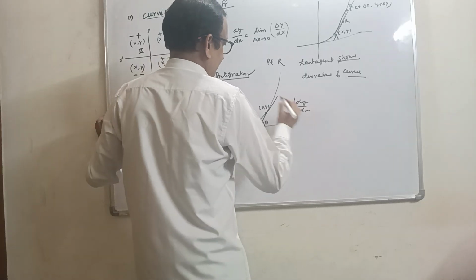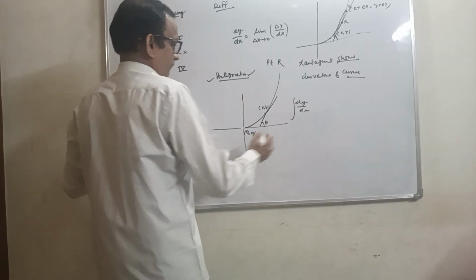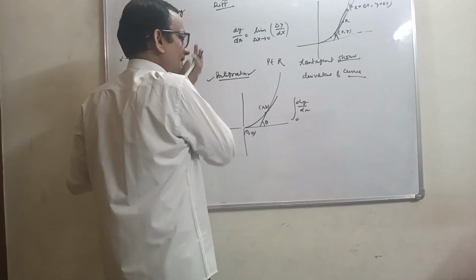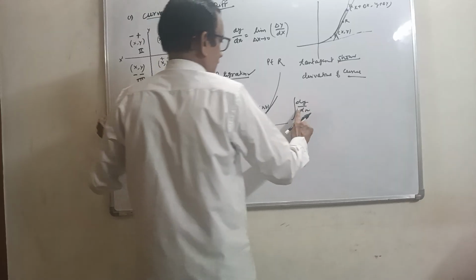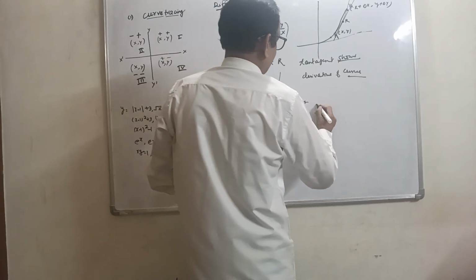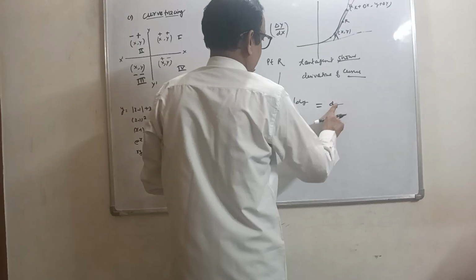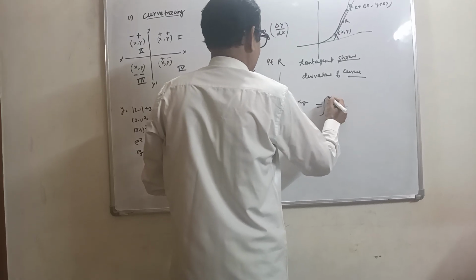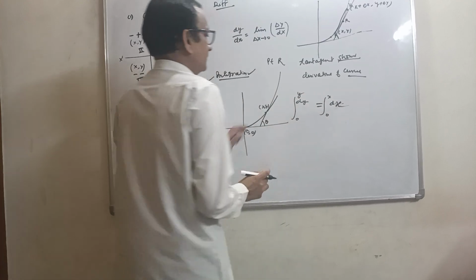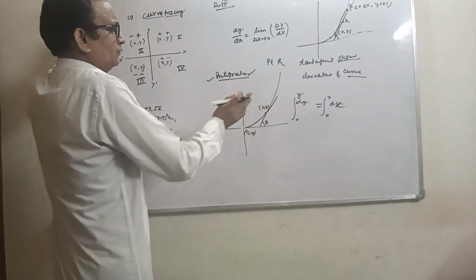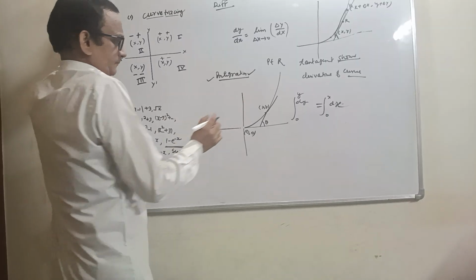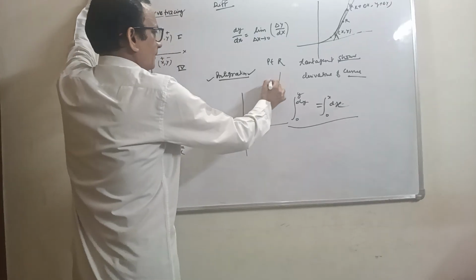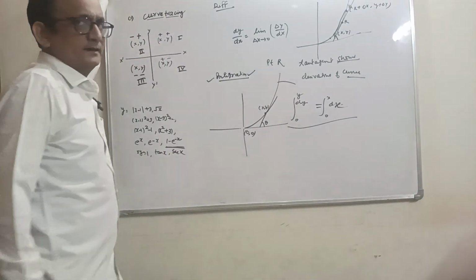So we integrate dy over dx from 0 to x. If we are integrating along x, this would be x and this would be y. Putting the value of x, this is x. Putting the value of y, this is y. Putting in these particular values, we get the equation of the curve.